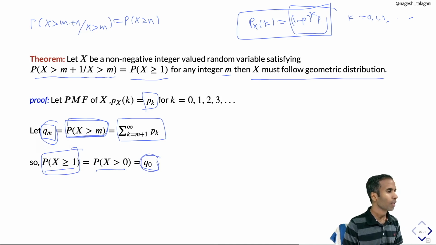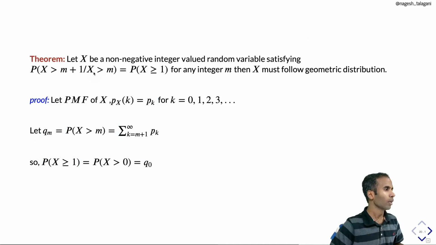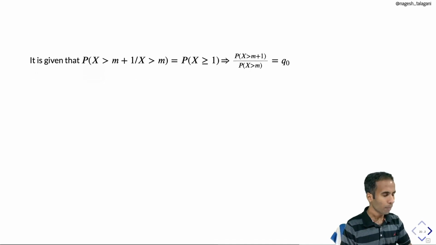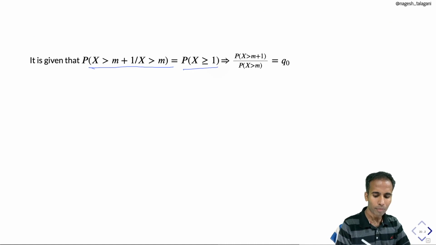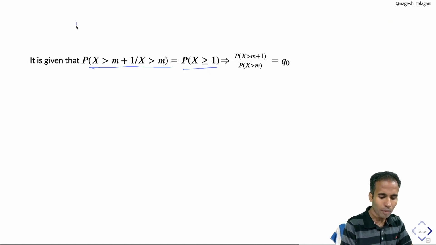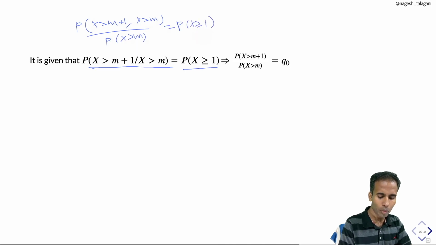Now it is given that probability of X bigger than m plus 1 given X bigger than m equals probability of X bigger than or equal to 1. Using the conditional probability, we can write probability of X bigger than m plus 1, comma, X bigger than m, divided by probability of X bigger than m. The right hand side is probability of X bigger than or equal to 1.